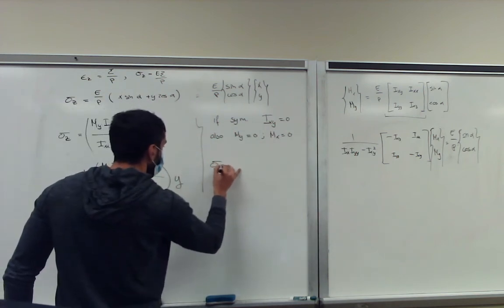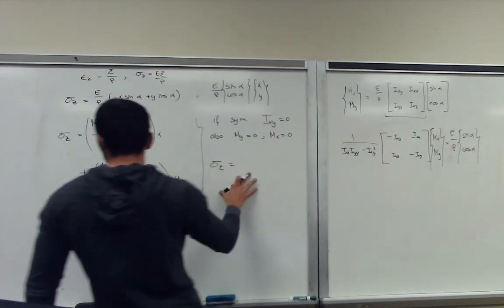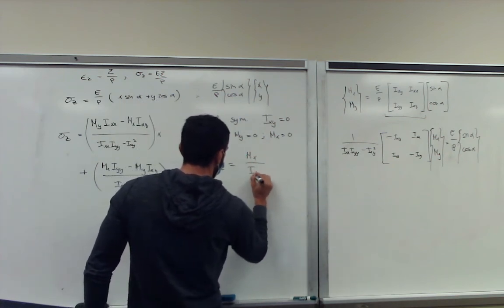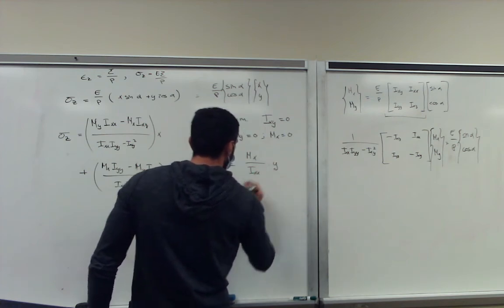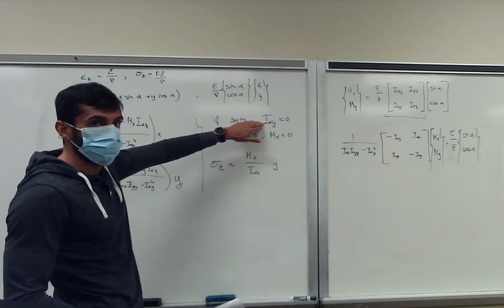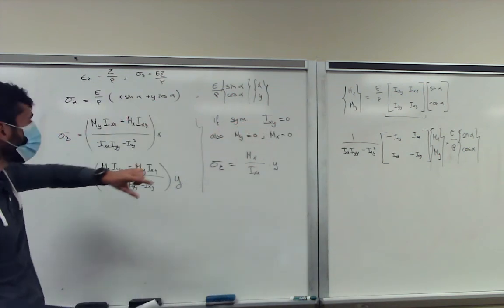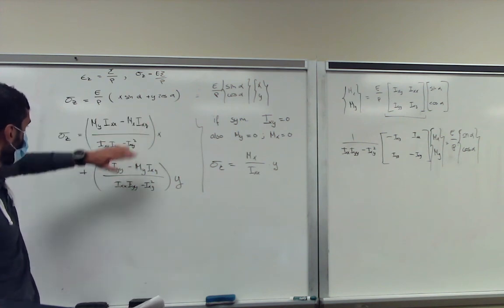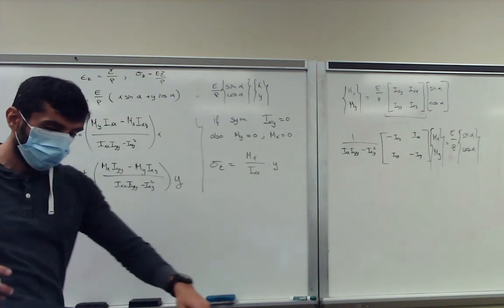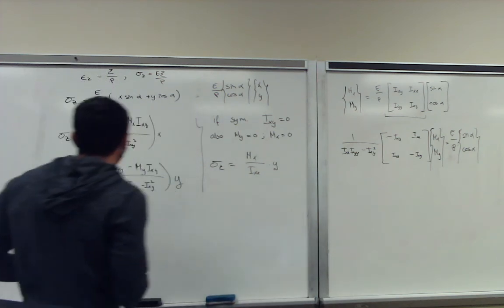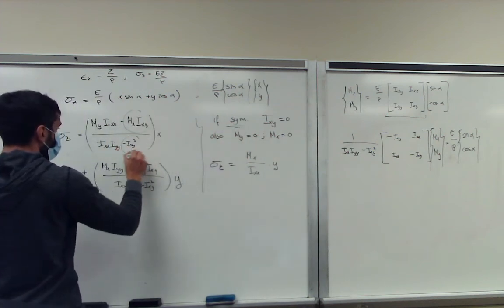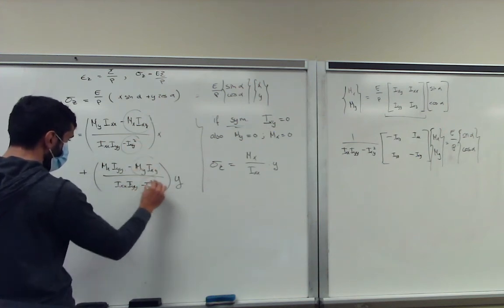Then this equation reduces to our original equation, Mx over Ixx multiplied by y. If there is any form of symmetry, the product of inertia Ixy is equal to 0, so this part drops. If symmetric, this drops, this drops, this drops.